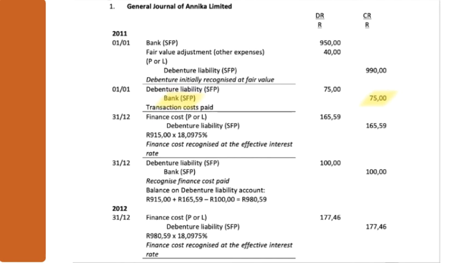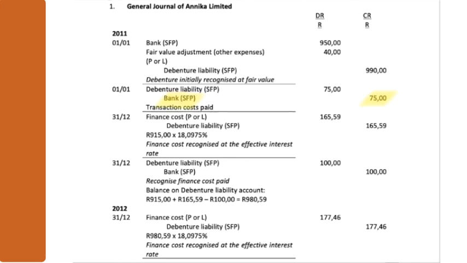Now, we said that transaction costs are paid to our broker, so credit bank with the 75 Rand. If we are busy with financial instruments, the question is always, where does the debit go? Is the debit, the transaction cost, an expense that goes through profit or loss, or do you take it to the financial instrument? Now, you need to know your rules of financial instruments to answer that question.